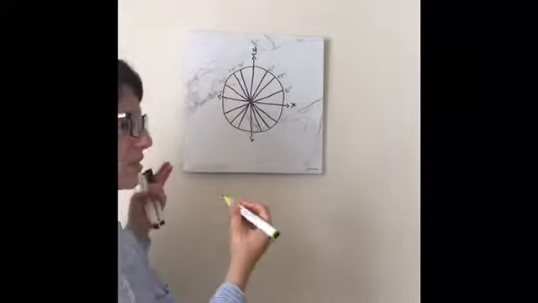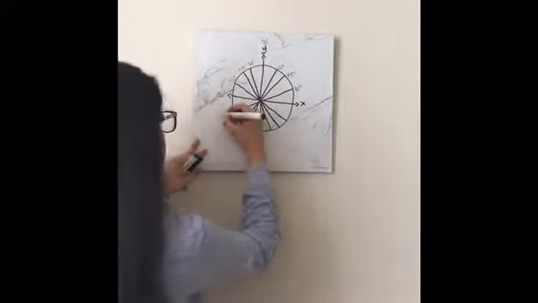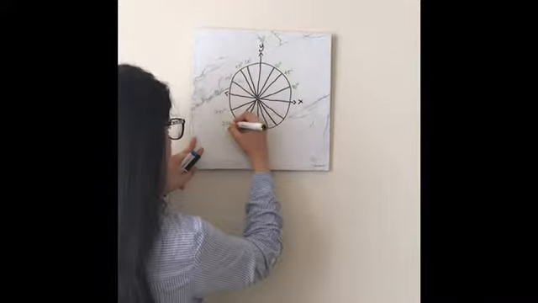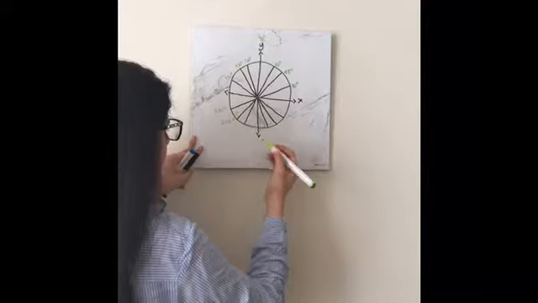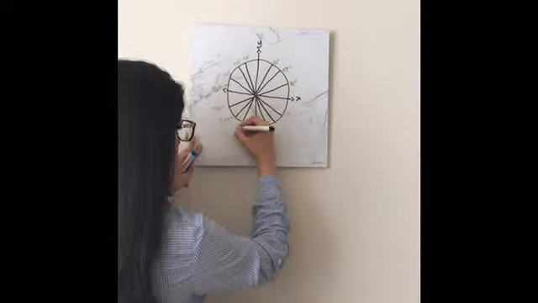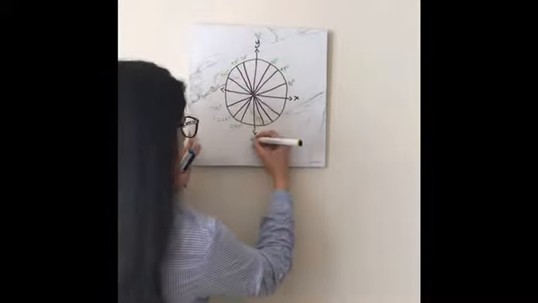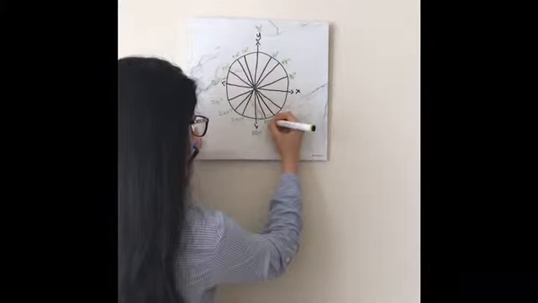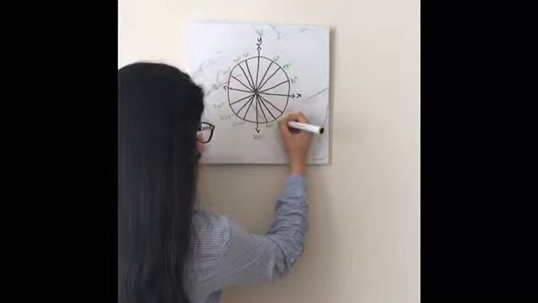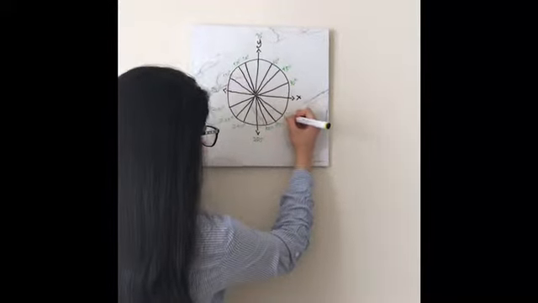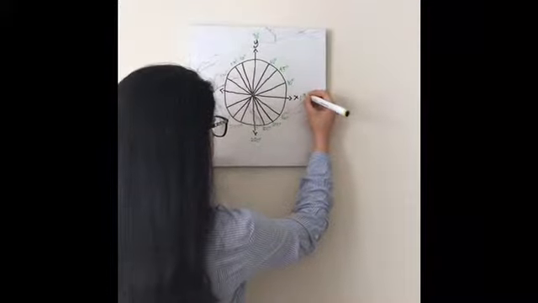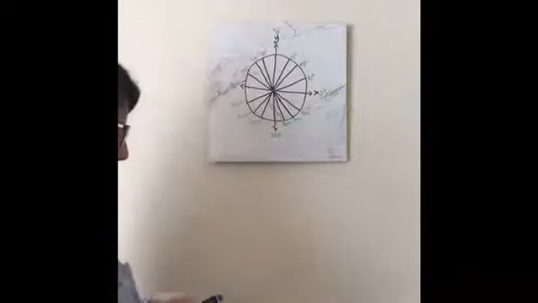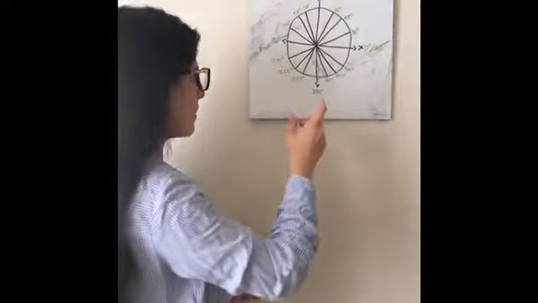Next up we're going to continue. 180 plus 30 degrees is 210 degrees, 210 plus 15 is 225, and 225 plus 15 is 240 degrees, and that's going to be 270 degrees. That's going to be 300 degrees, 315, 330, and that's going to be 0 degrees as well as 360 degrees.